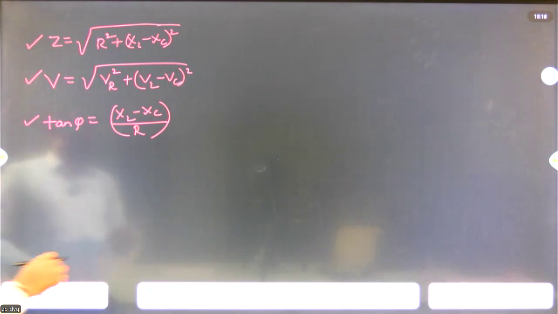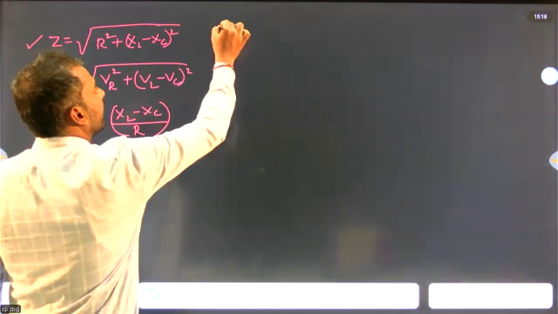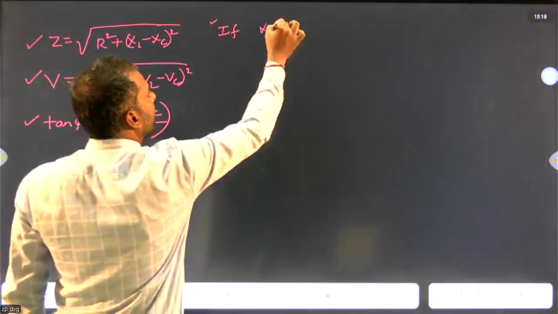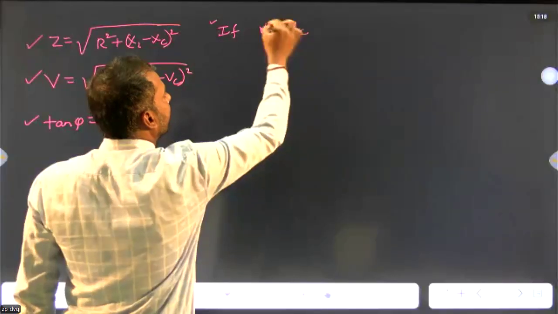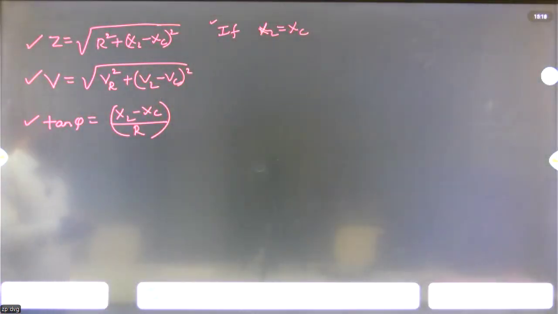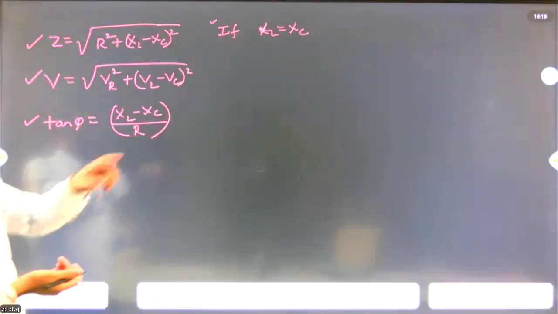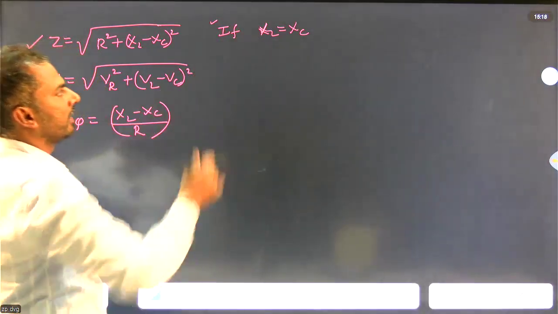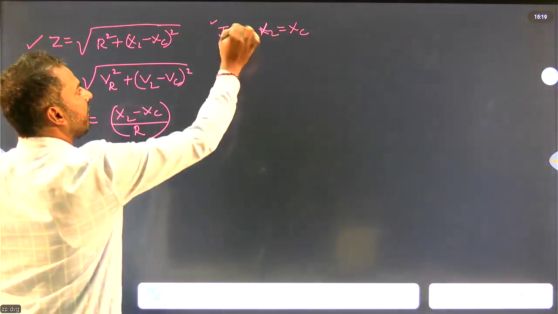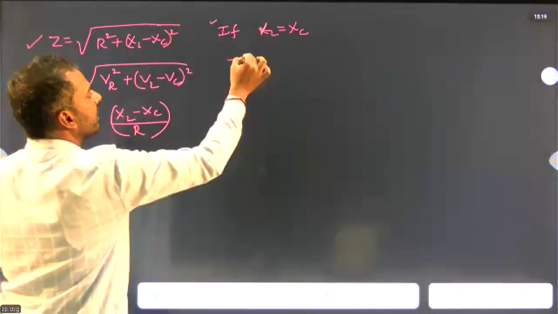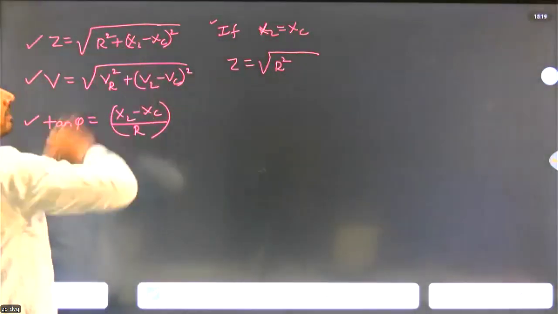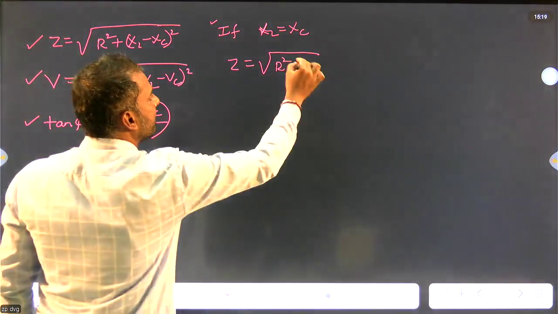If XL is equal to XC, then what happens? If XL is equal to XC, the opposition offered by the inductor is equal to the opposition offered by the capacitor, or the reactance of the inductor is equal to the reactance of the capacitor, then the impedance becomes Z equal to the root of R square, as XL minus XC becomes 0.